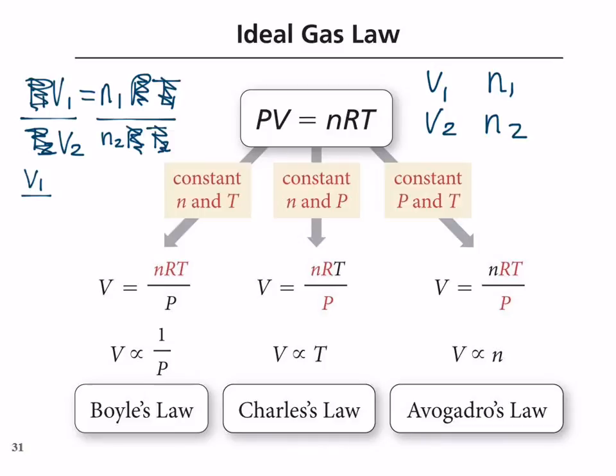I've got V1 over V2 equals n1 over n2. You might be saying, well, that's not exactly what we had earlier. No, but I can rearrange it. That's the same as V1 over n1 equals V2 over n2. Avogadro's law. You can get any of those simple gas laws using this technique. I think that's easier than memorizing all of them.